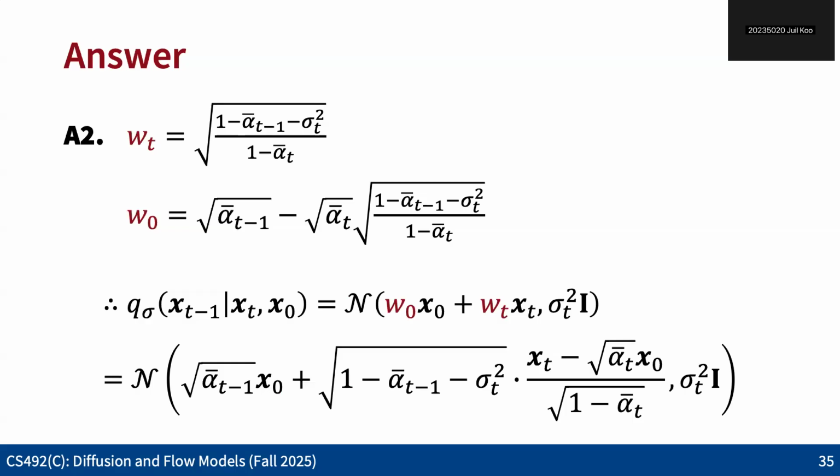Yeah, looks quite dirty, right? But this shows that now we can have a closed form, also a Gaussian distribution, defining this distribution of xt minus 1 conditioned on both the xt and the x0, in a way that we can match the forward distribution to be the same as in the DDPM case.